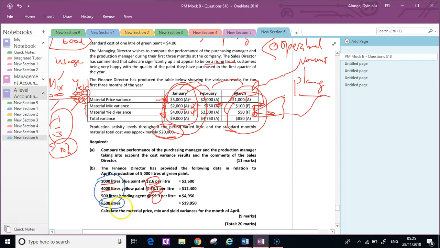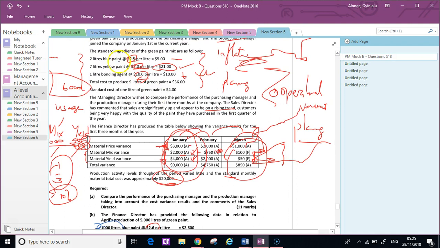We don't have a problem with the amount right now. We're going to look at that when we talk about yield. But in terms of mix, how close is this to the standard mix that we recommended? And we recommended a standard mix of 2 to 7 to 1. So let's look at it.